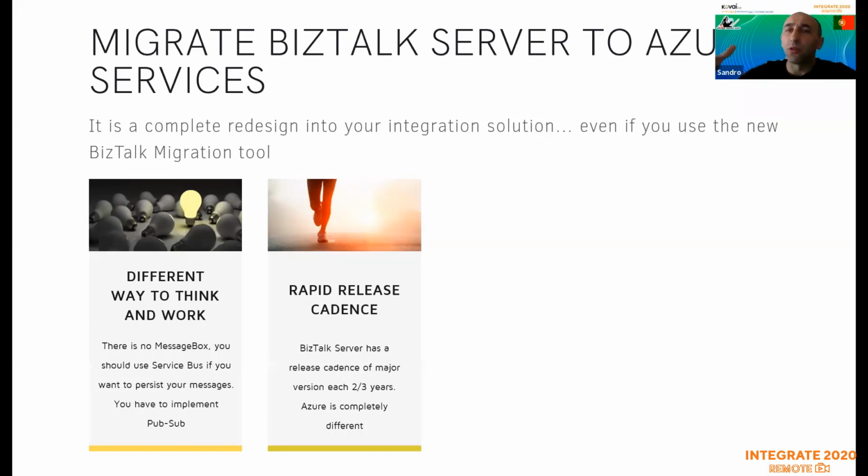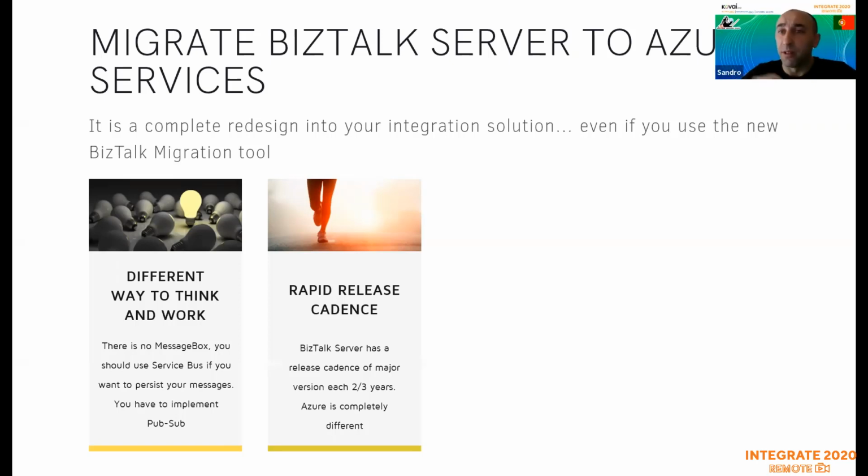You need to wait 2 or 3 years for radical changes, if they happen. Because if you look back, honestly, the core features of BizTalk 2004 are still available in 2020. So it's a very stable product with new improvements.